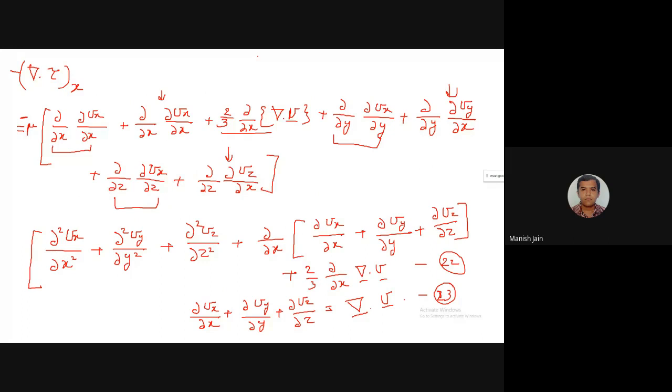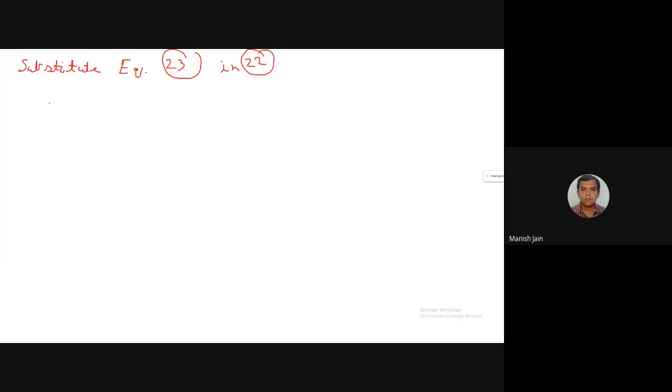You will get minus mu in bracket, del square vx by del x square plus del square vy by del y square plus del square vz by del z square, bracket close.